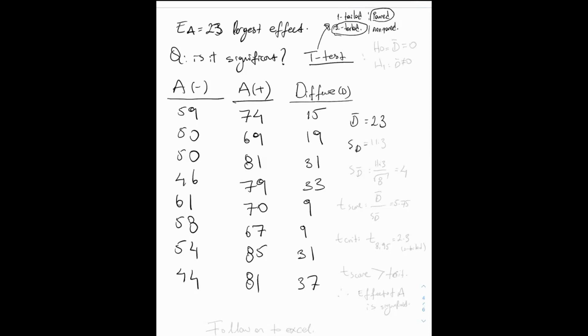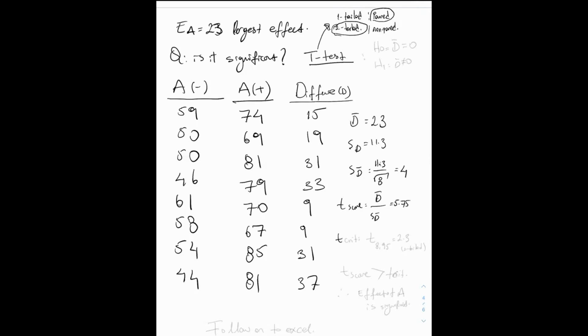My standard deviation is 11.3. My standard error, right, is 11.3 divided by square root of 8, because I had 8 different measurements. That will give me 4. That means my t-score is going to be D bar divided by the standard error, and that's going to be 5.75.